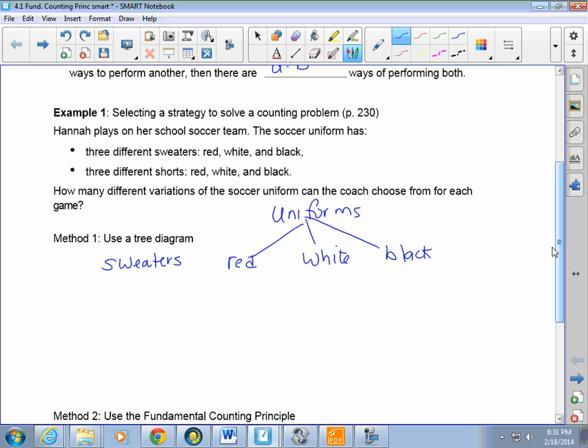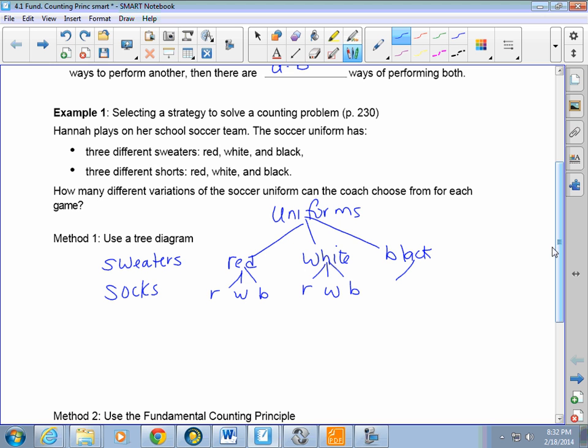Then depending on which color you choose, you can decide on what socks you want to wear with them. So with your red sweater, you have a choice of red, white, or black socks. And I'm just going to go the lazy way here and just use the letters. If you choose the white sweater, then you can wear red, white, or black socks.